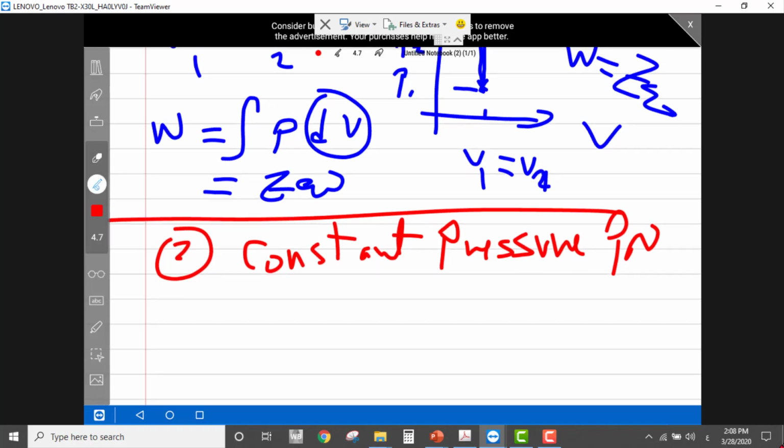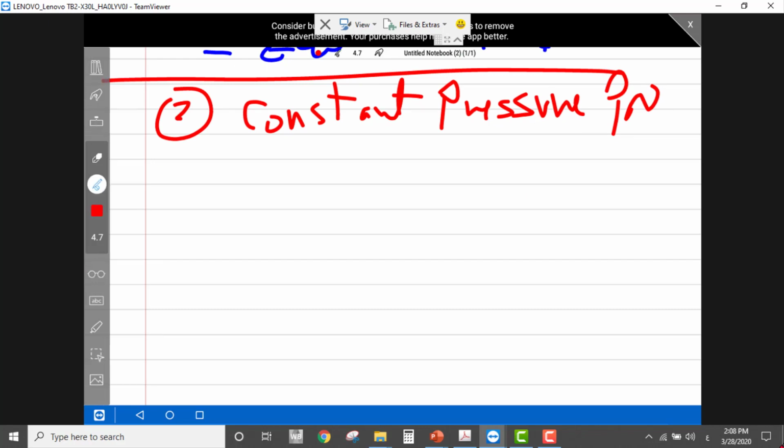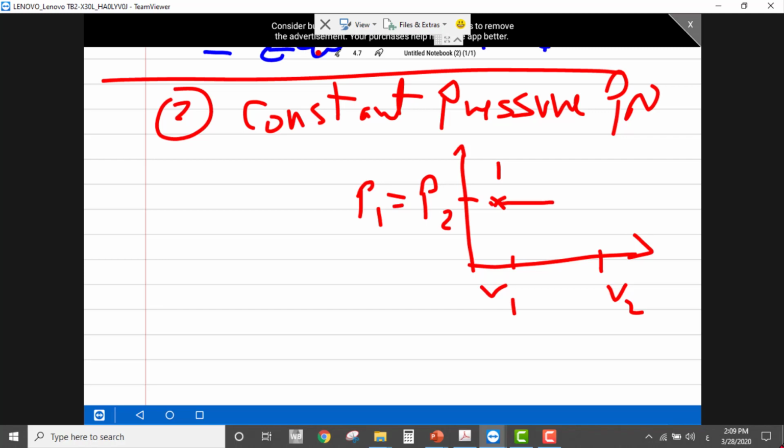So here in this process, let me first draw the PV diagram. Constant pressure means P1 equals P2 equals a constant value. Let us say here. If we have an expansion process from V1 to V2, this is state 1, because this is V1, and then we'll move to V2.